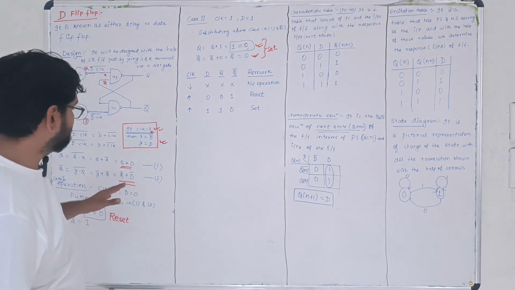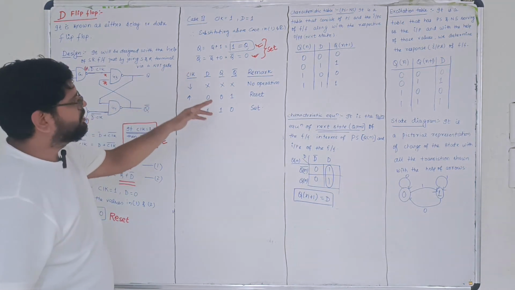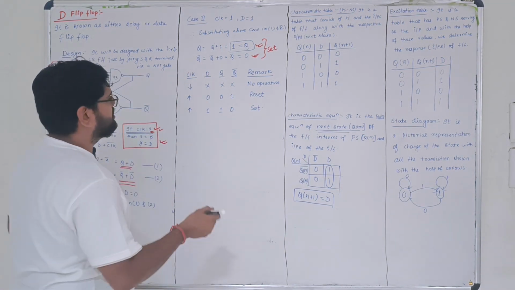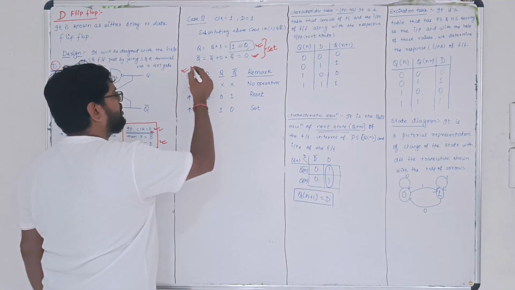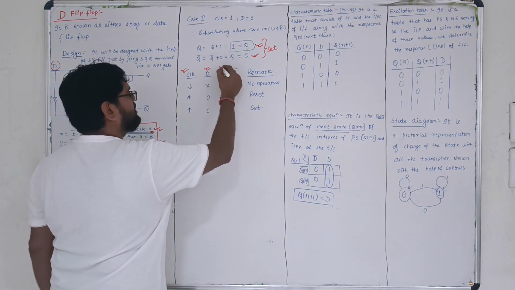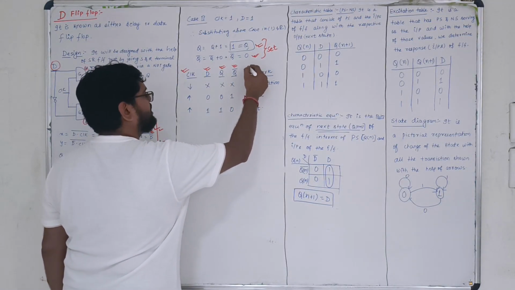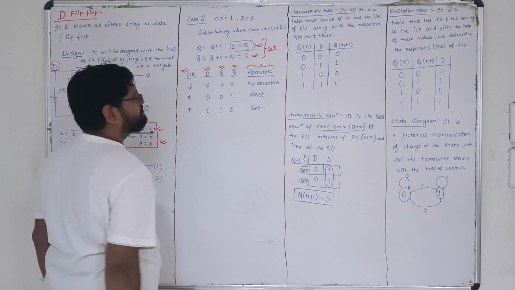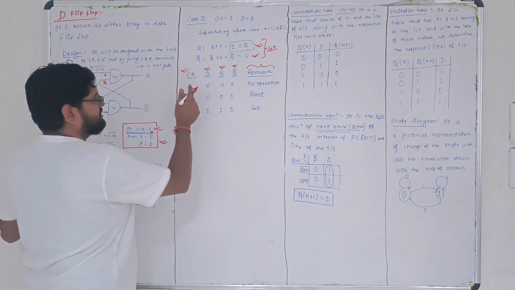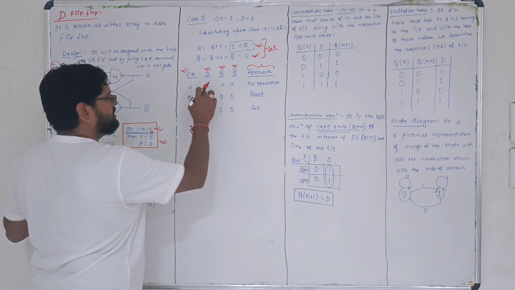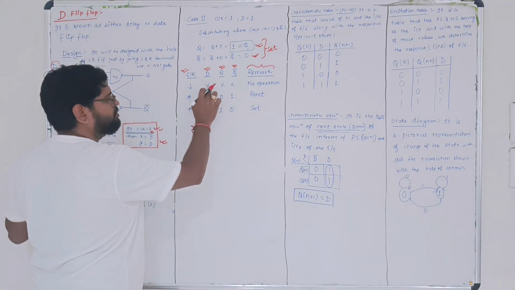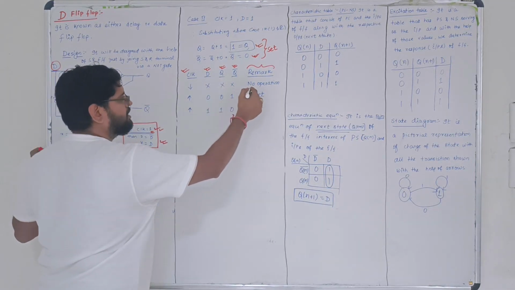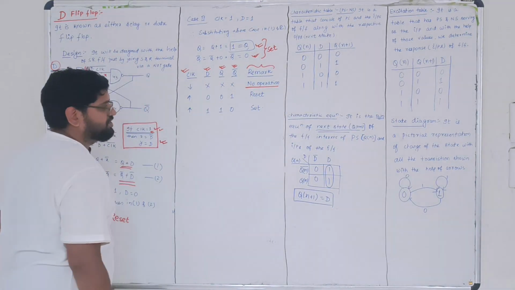Now after getting this operation done, we'll go for the truth table. The truth table is very simple. We have to go for clock, input D, then Q, Q bar, and finally remark. Now clock signal is down. I have already said, once the clock signal is down, nothing is dependent on input. So that is why I put a cross, and the operation will not start at this position.